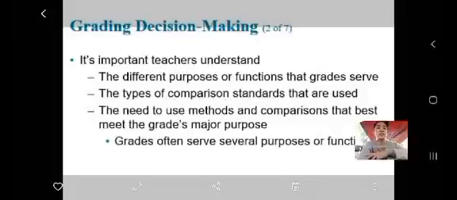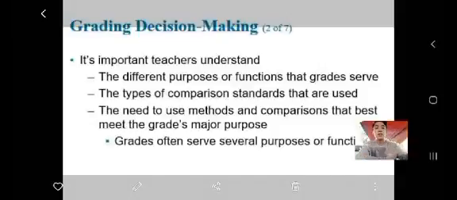In grading decision making, it is important for teachers to understand the different purposes or functions that grades serve, the types of comparison standards that are used, and the need to use methods and comparisons that best meet the grade's major purpose.